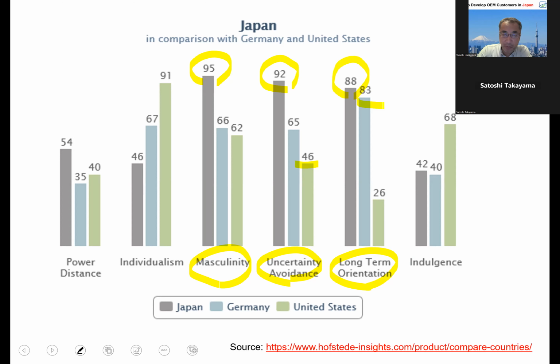So people prefer to keep working together with the same suppliers or employees for many years, while Americans work in dog years, very short-term oriented. So those three dimensions are tough entry barriers because your Japanese competitors are super masculine.